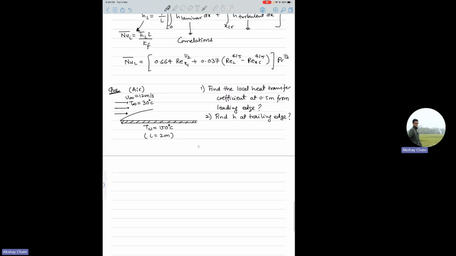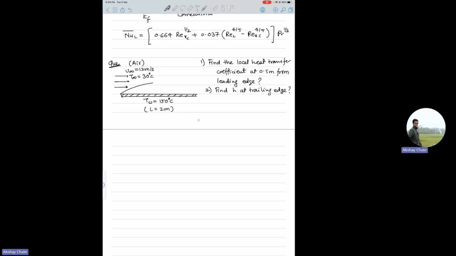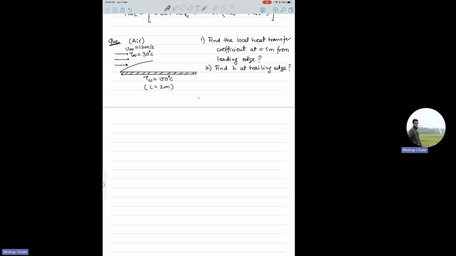So now first you should always check what is the Reynolds number at the locations of interest when they don't mention laminar or turbulent. But before that, there is some additional information given. At a mean temperature of 90 degrees Celsius, air properties are given.